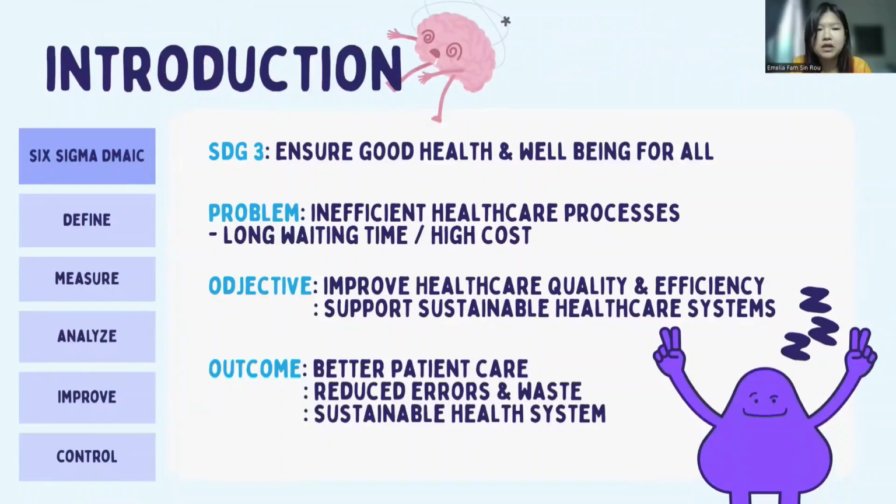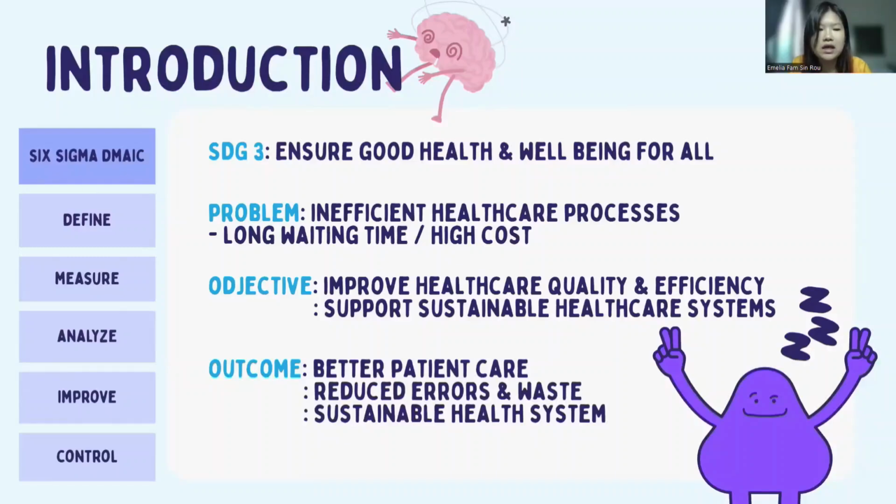SDG3 aims to ensure healthy life for people of all ages, and healthcare efficiency plays a very important role in achieving these goals. Although progress has been made, many healthcare systems still face problems such as long waiting times, inefficient processes, high costs, and patient dissatisfaction.